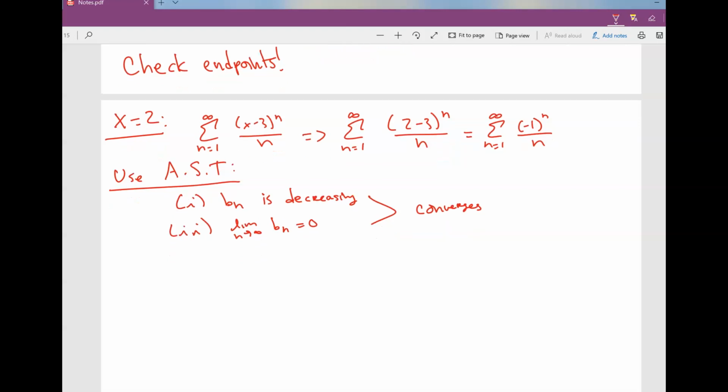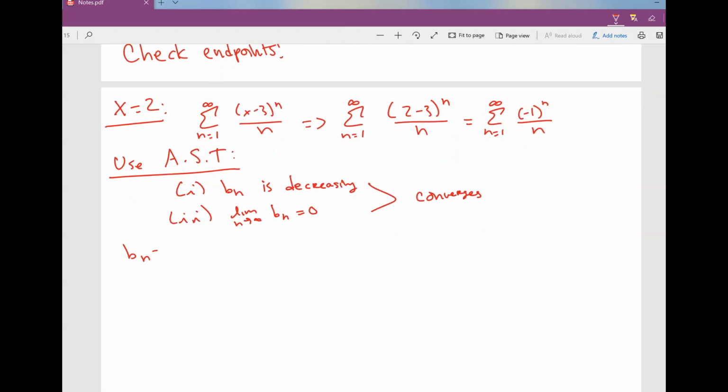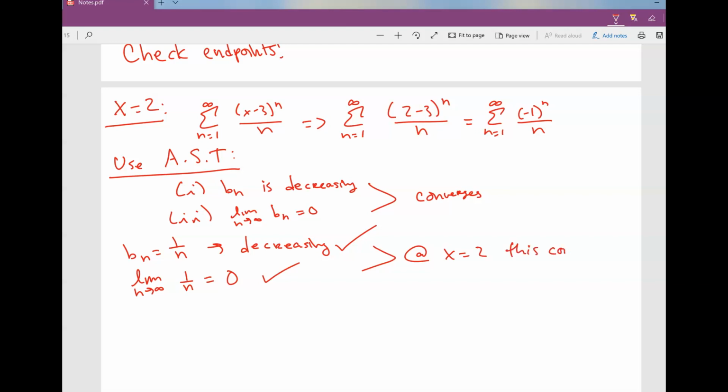So now we have to check this. b sub n in this case is equal to 1 over n, because that's what's next to the alternating part. We've already done this problem in the alternating series test video, so we already know that this is decreasing. When we take the limit as n goes to infinity of 1 over n, we know that this is 0. So guess what? At x equals 2, this converges.